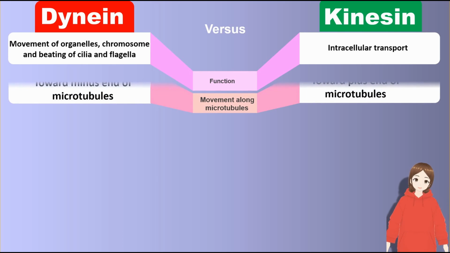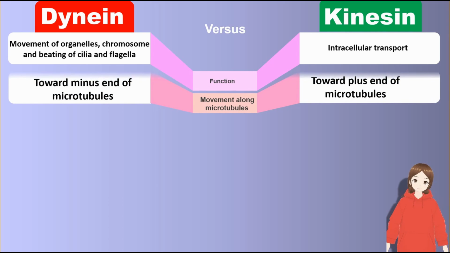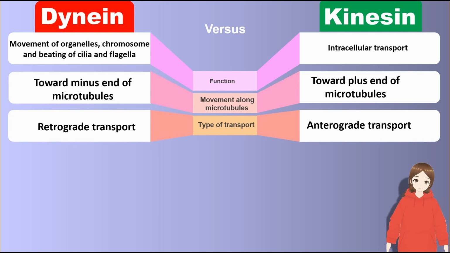Movement along microtubules. Dynein moves toward the minus end of microtubules, but kinesin moves toward the plus end of microtubules. Type of transport. Dynein has retrograde transport, but kinesin has anterograde transport.